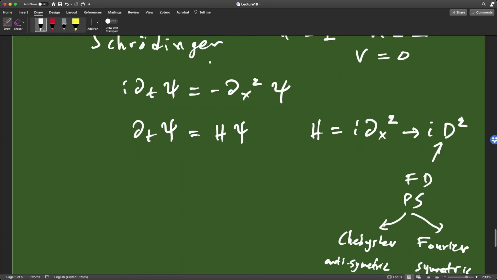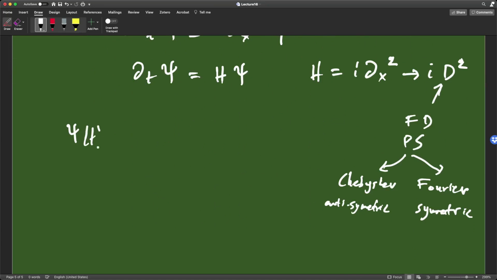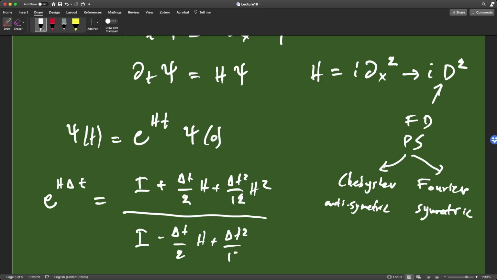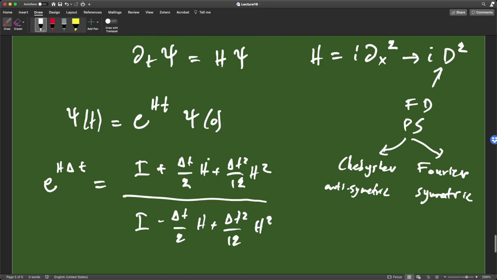So the solution is c of t equals e to the Ht, and then we can consider the Padé approximant e to the H delta t, and that would look exactly the same as before if we replace L by H. Now we see that H being symmetric is very important, because it means that this matrix will be Hermitian.